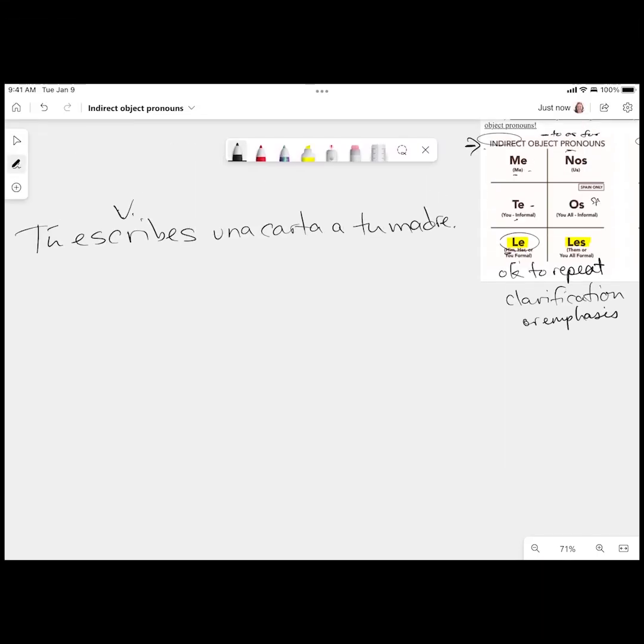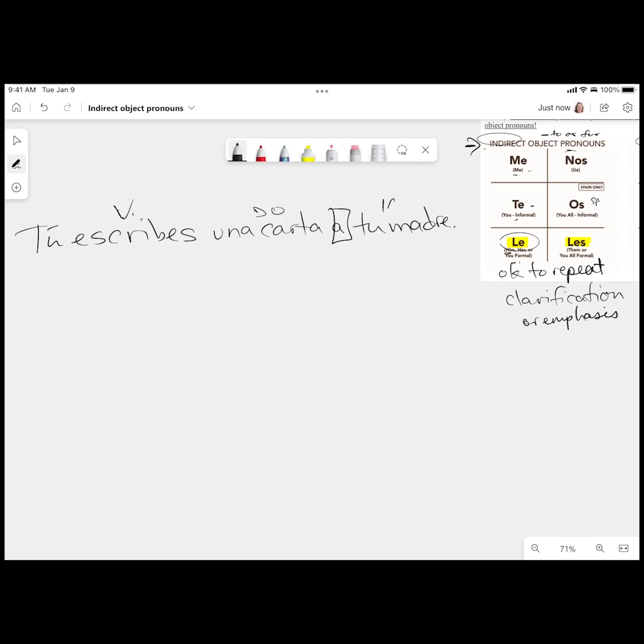Let's talk about another sentence here. Tú escribes una carta a tu madre. Escribes is my verb. Be careful here because oftentimes I'll see students put "a ti," or they'll replace it with "te" because they see "tu madre." So let's look again at this. A tu madre: to or for whom is the letter being written?